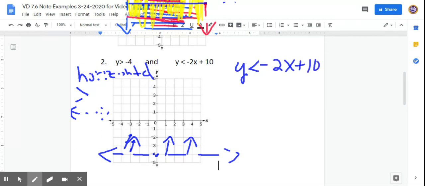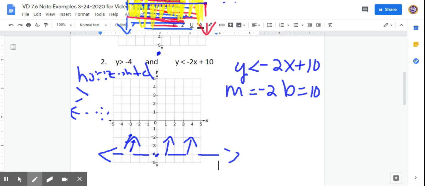So it's already solved for y. So I know my slope is -2, and I know my b is 10. We'll do it. All right, so we would go up to 10. Let's just say it's here.